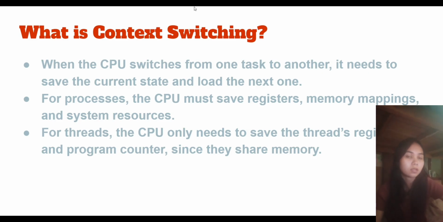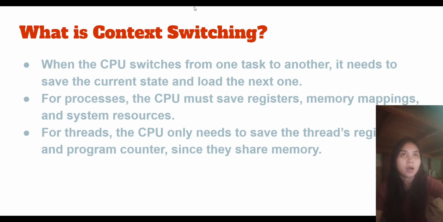So, this includes the program counter kung saan where the process left off, the CPU registers, the stack pointer, and in the case of processes, memory management information like page tables.